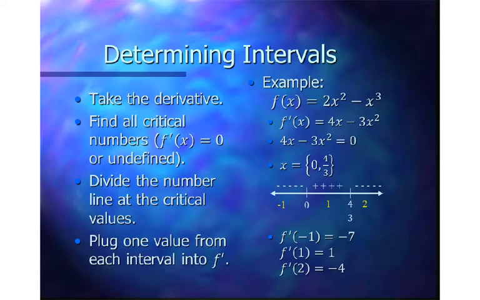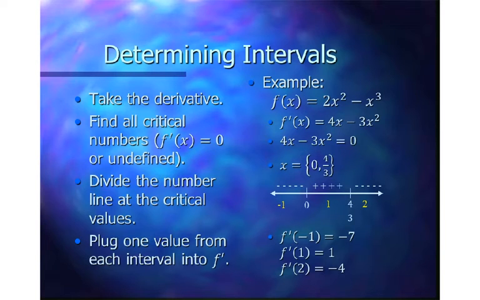Then we're going to draw a number line and divide it up using those critical values from the derivative. Once we have our number line divided up, we can plug in any value from each section of the number line, and we can find out whether the function is increasing or decreasing on that interval. So you see here on the right I have an example.